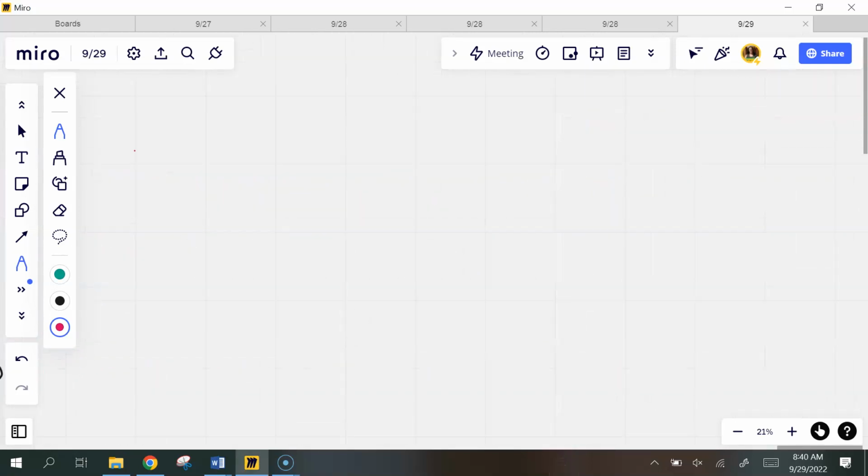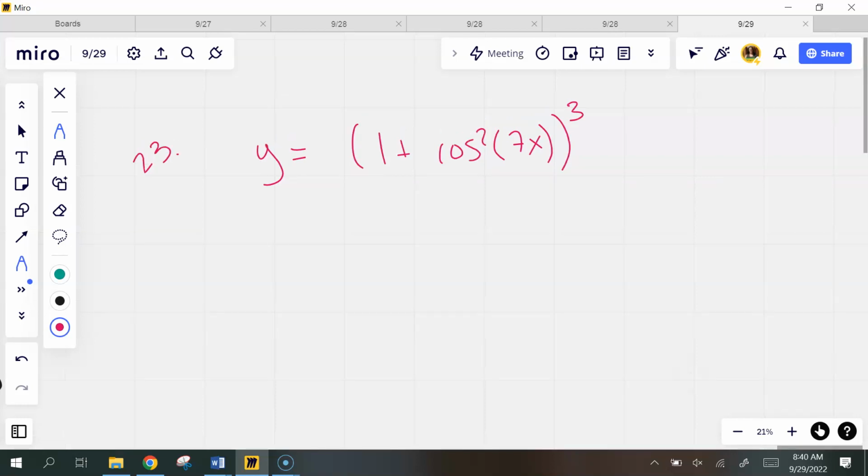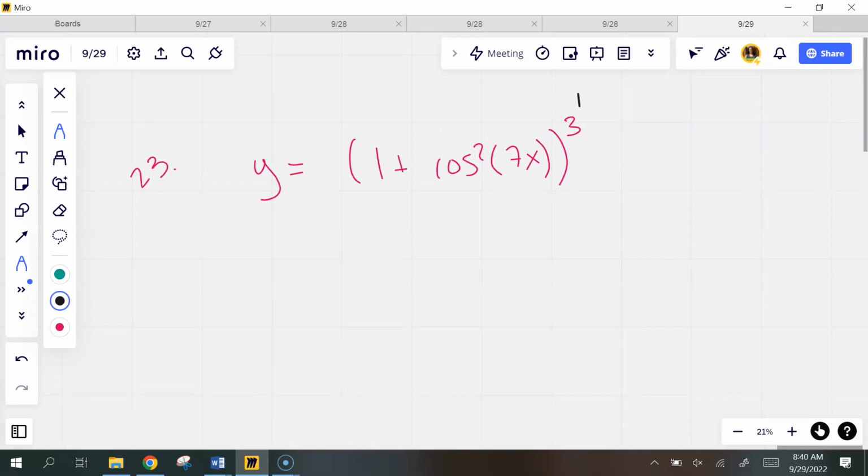Ooh, 23. So let's think about what we're going to do first before we do it. The furthest outside is my power rule. You agree? Then the derivative of the inside, right? But when I get to the derivative of the inside, I'm going to have to do power rule of cosine, followed by cosine, followed by inside.